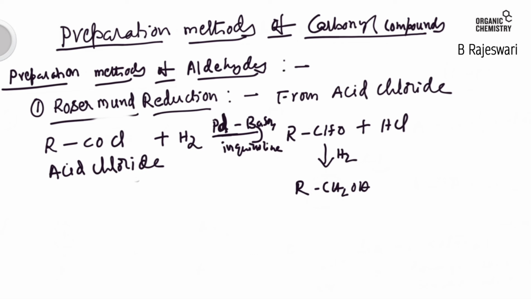Therefore, we have to stop the reaction at this stage. In order to prevent further reduction, the catalyst activity is reduced using barium sulfate. So this whole reaction is known as Rosenmund reduction.